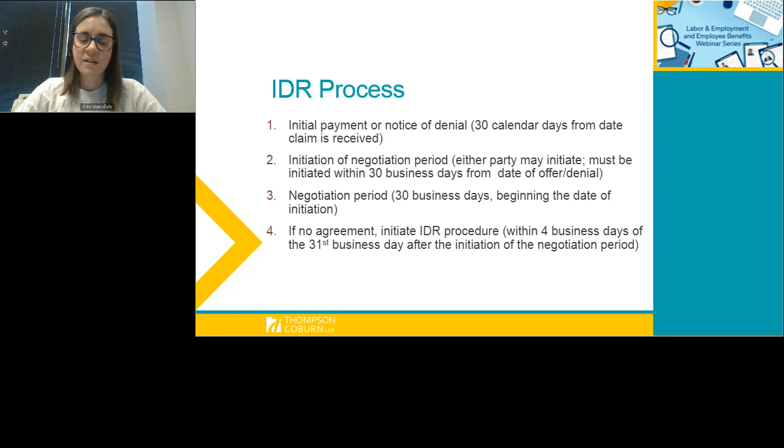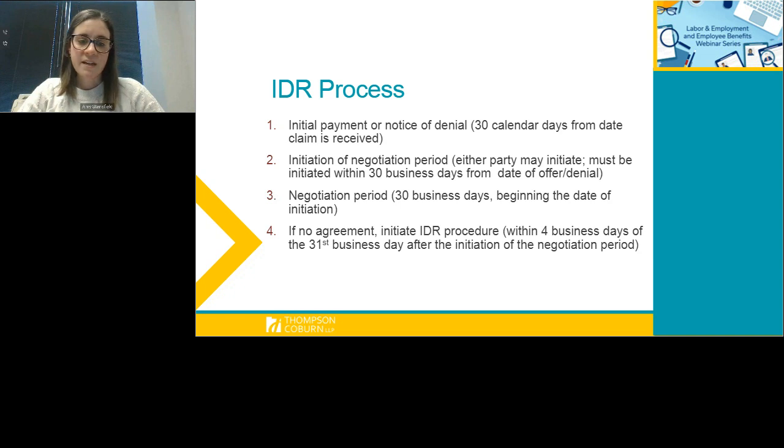Once a plan receives an initial claim from a provider, the plan has 30 calendar days from the date the claim is received to provide either an initial payment or a notice of denial of payment.